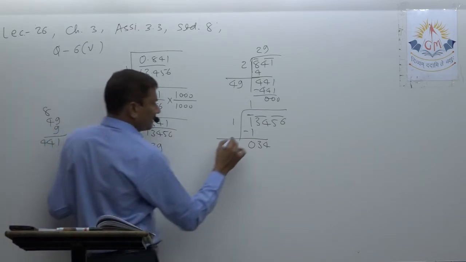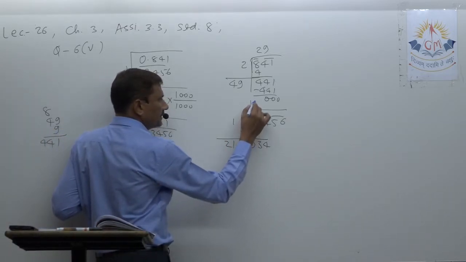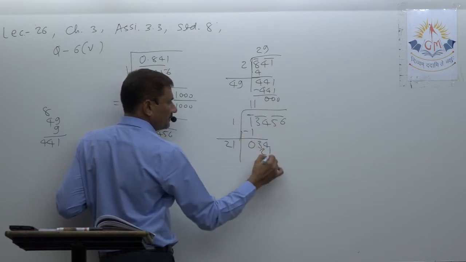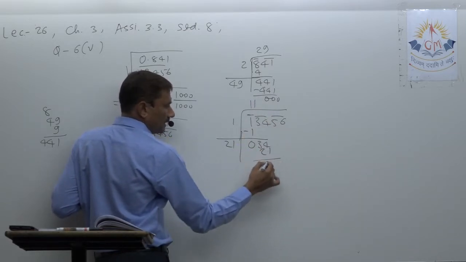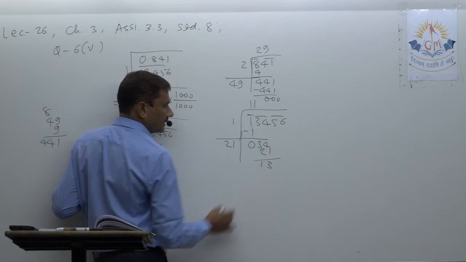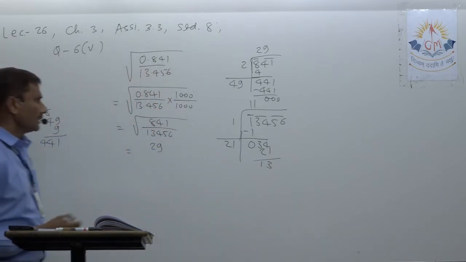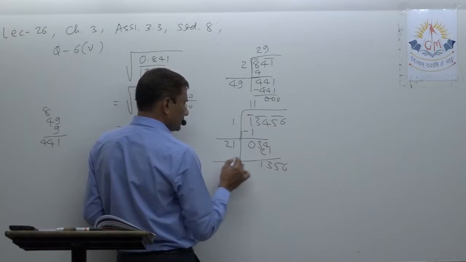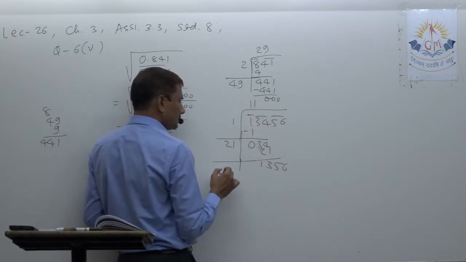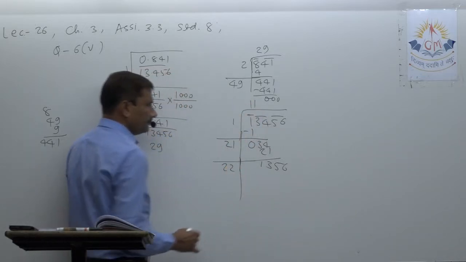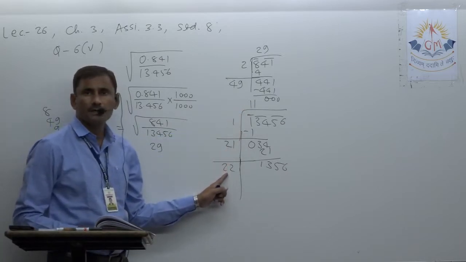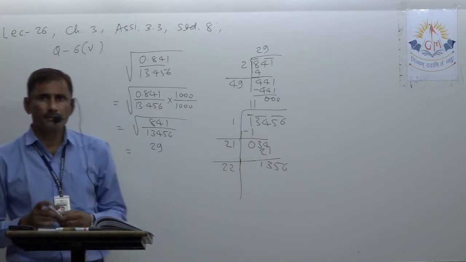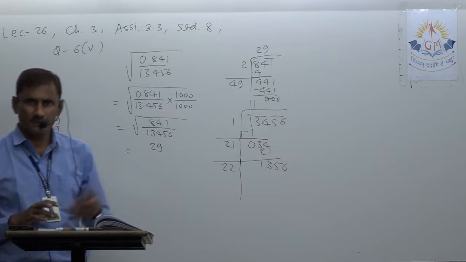So I am writing 21 ones are only because 22 twos are will be more. So 21 ones are 21, 34 minus 21 is 13, 13 left. Now the whole pair comes down, and the next step will be double of 11, so it will be 22. Okay, double of the quotient should be written at the start of the next step.